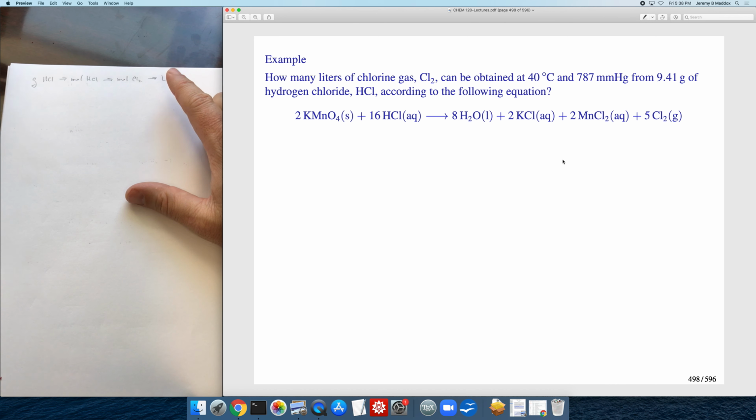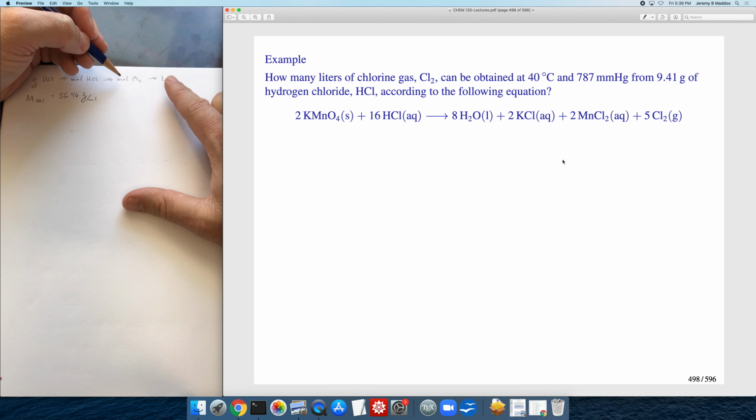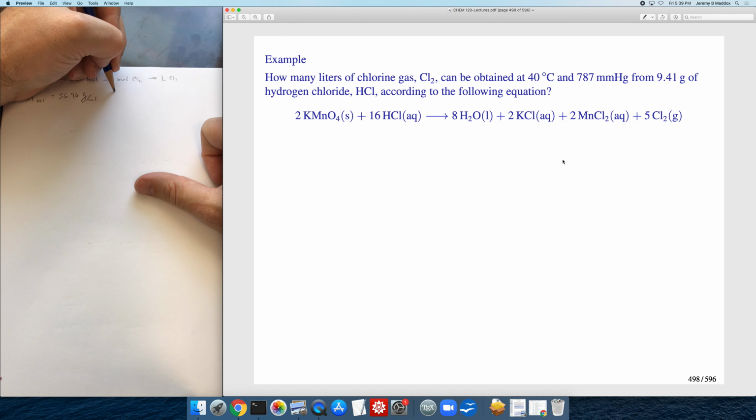So we already know how to do this first part. We're just going to need the molar mass of HCl, right? That's going to be 36.46, I believe, grams per mole. And then for this last conversion, we're going to use the ideal gas law.